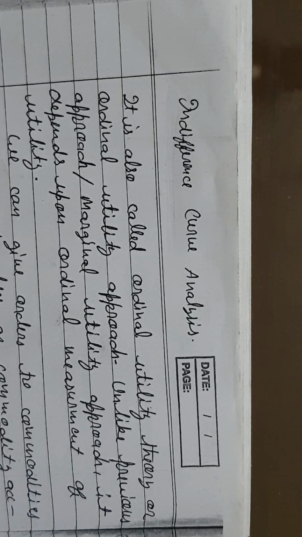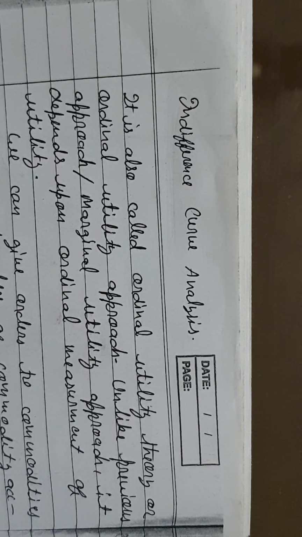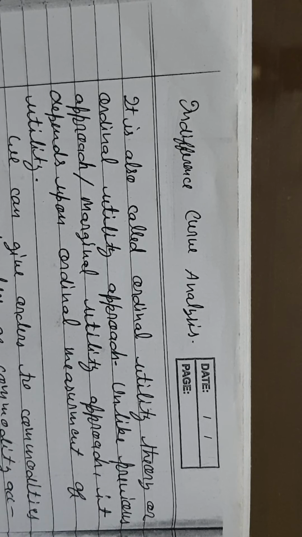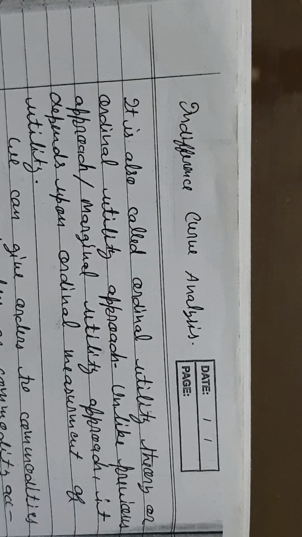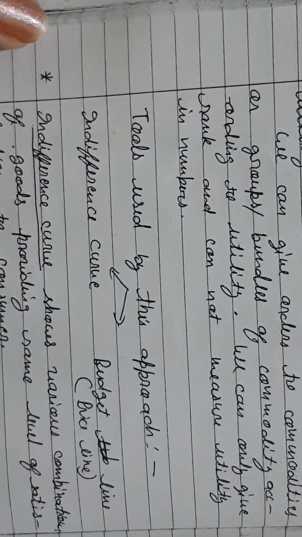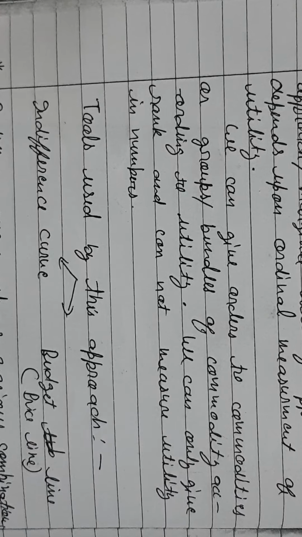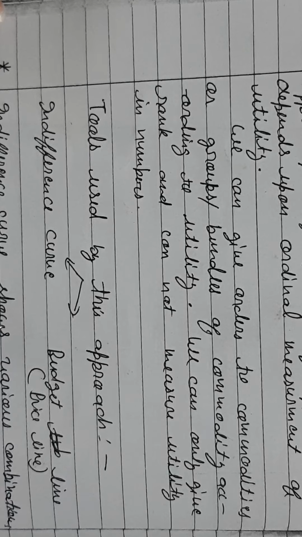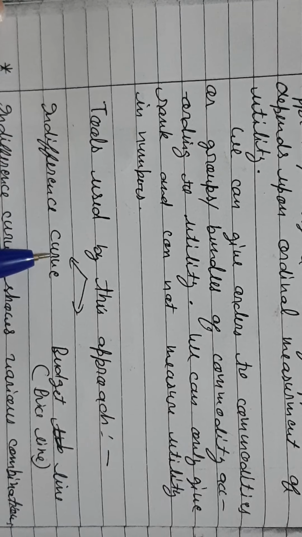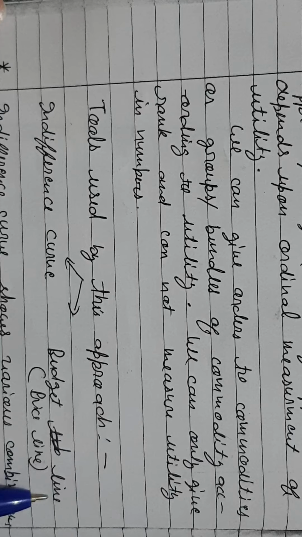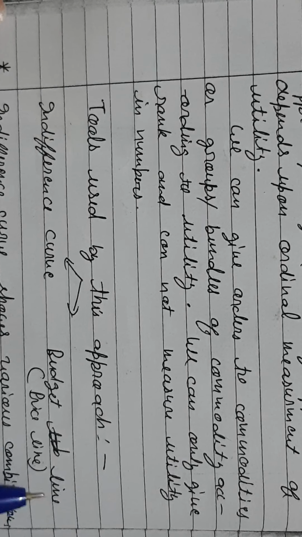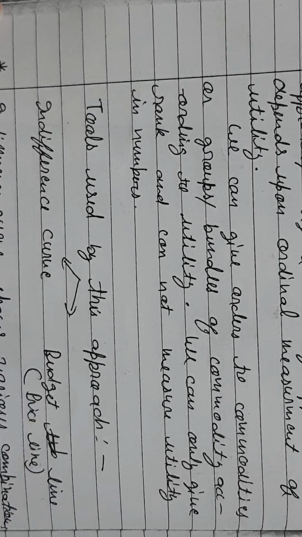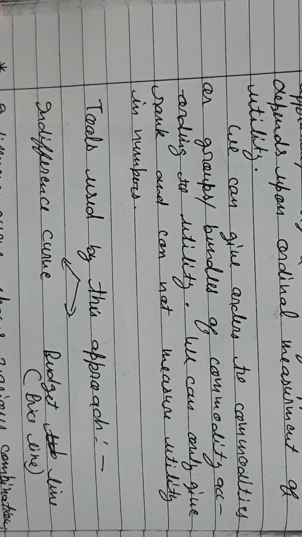Not only in this topic, but in various topics like deciding about investment, and even in the theory of production we use this type of curve. One tool is the indifference curve, another tool is the budget line. Budget line is also called price line. These are two very important tools we will be using in this analysis.